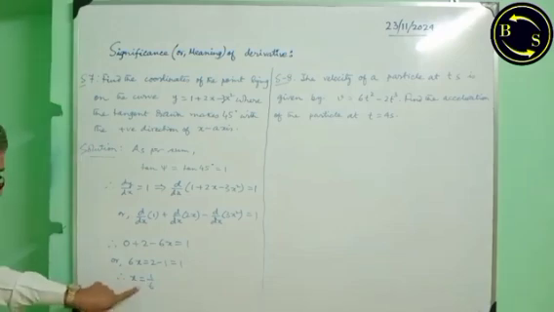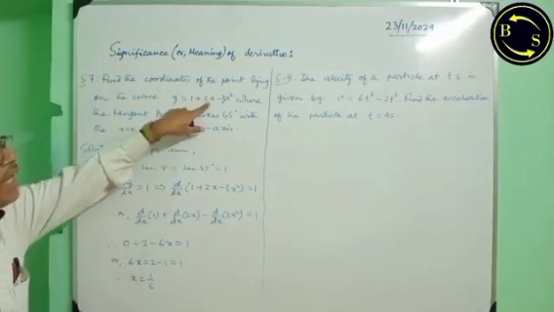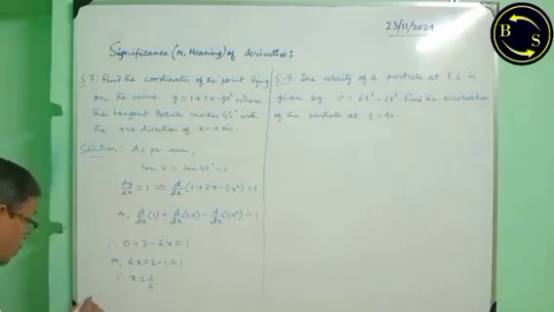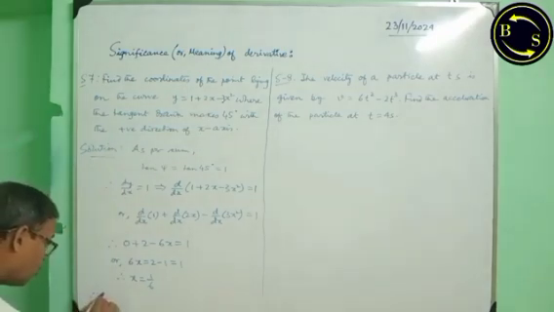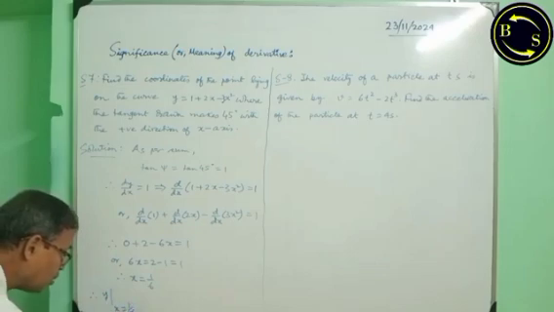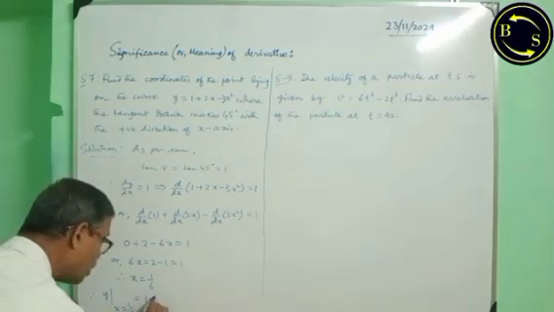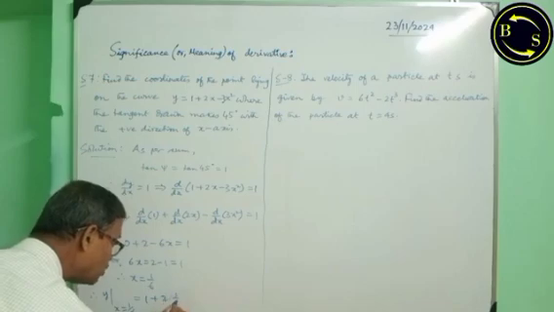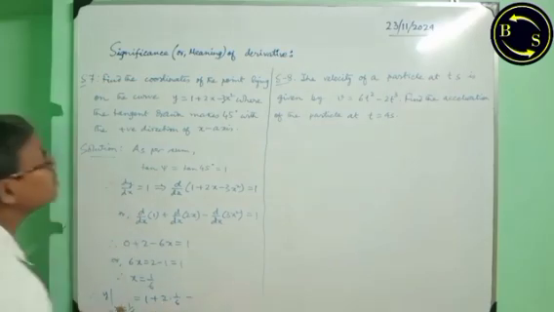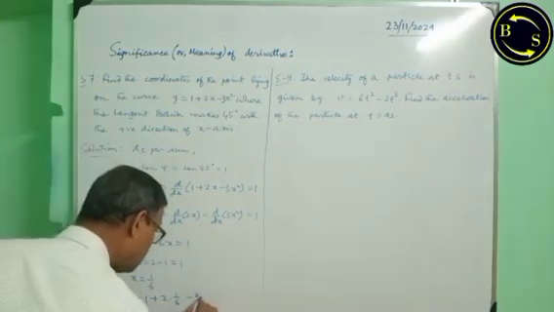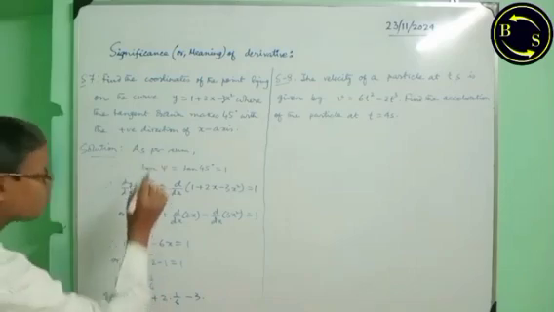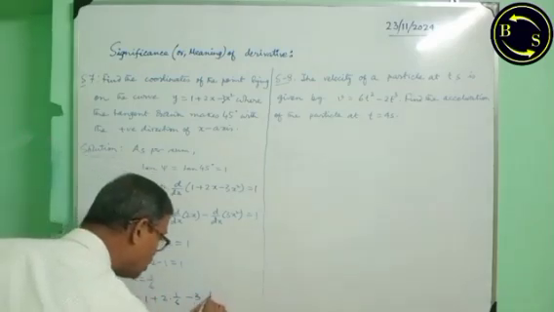Now if we put this value here, therefore y when x equal to 1 by 6 is equal to 1 plus 2 into 1 by 6 minus 3 into x square, means 1 by 6 squared, 1 by 36.